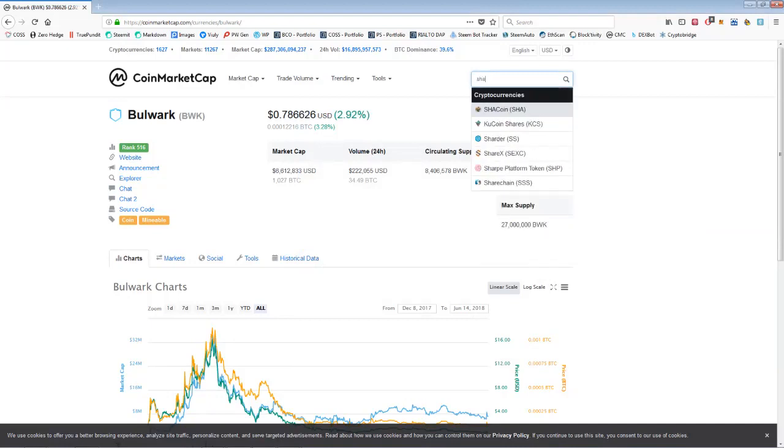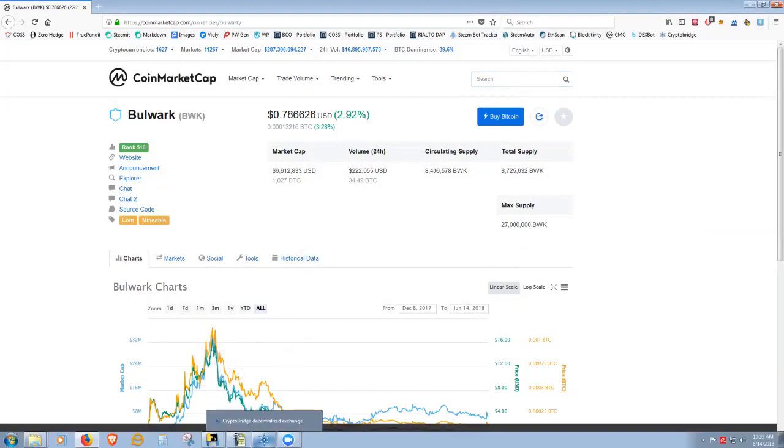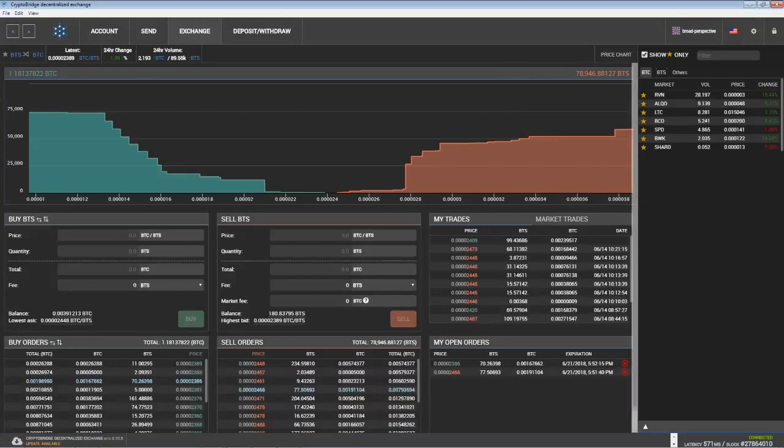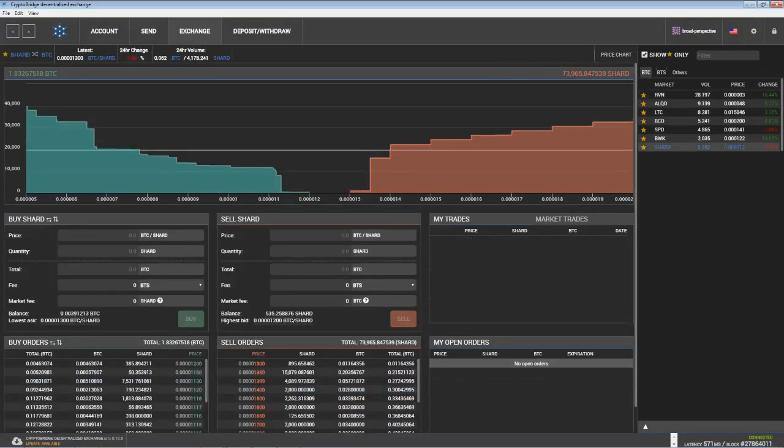And Shard was one that wasn't even listed on CoinMarketCap here. So we can still figure the price out. We just have to go back to the exchange and look at the order book here. Ooh, this is another one with a big and deep spread.